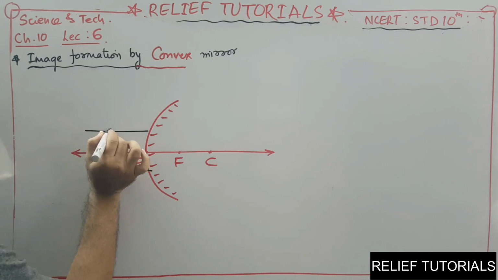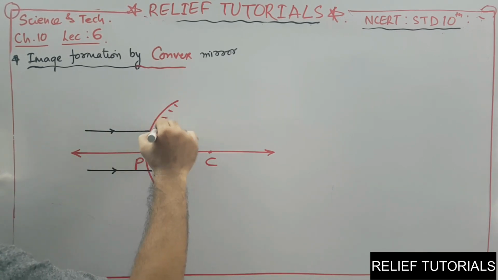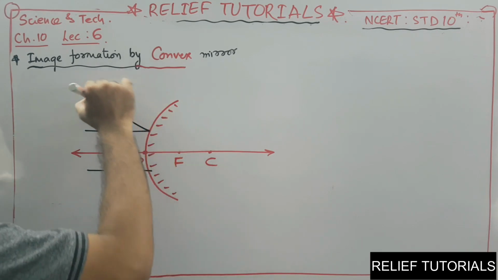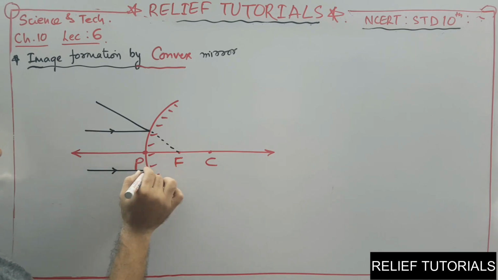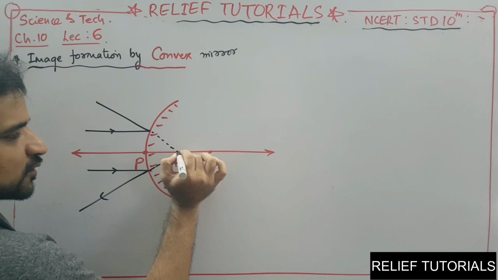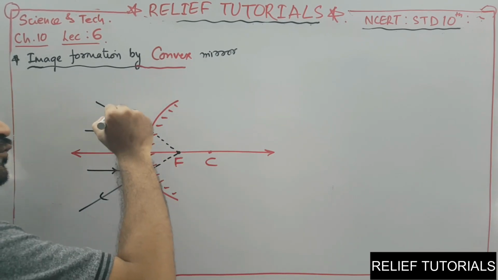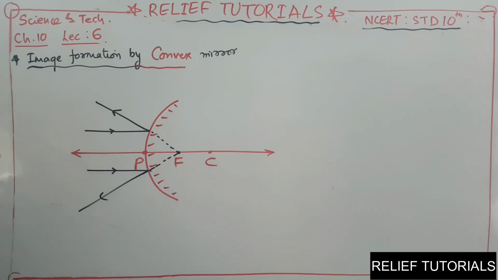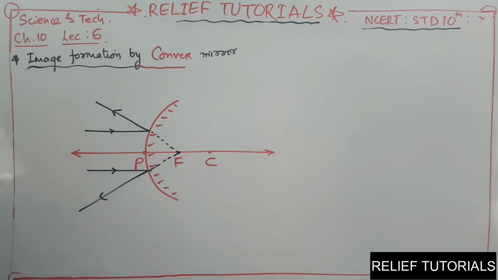So these are the two incident rays parallel to each other, and as per the rule, these rays are virtually passing from principal focus. Here is the virtual point of intersection of these two reflected rays. So here the image is obtained.